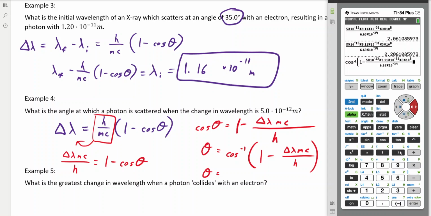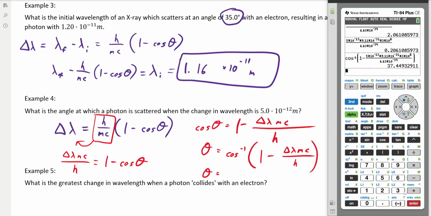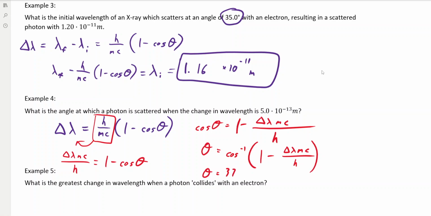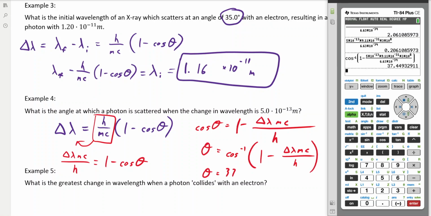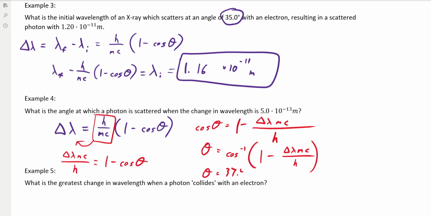I just clearly didn't do a good enough job making the question. It should have been times 10 to the negative 13. Okay, so if it's times 10 to the negative 13, then our answer would have been 37.4 degrees. Probably just 37 degrees is fine.